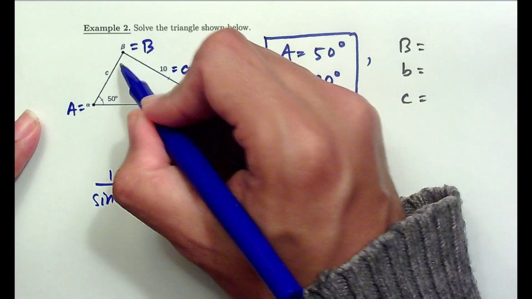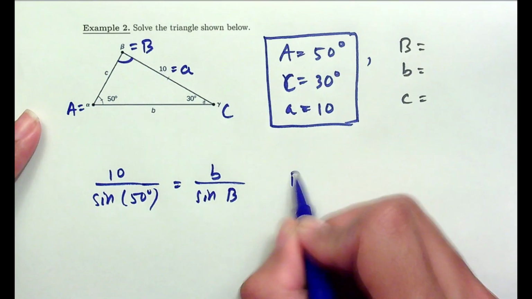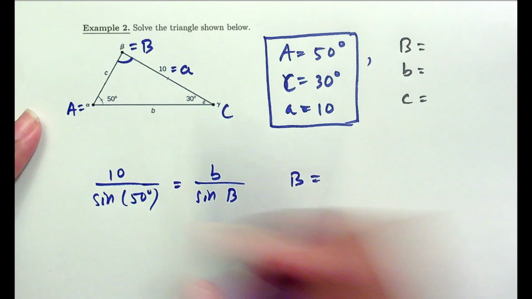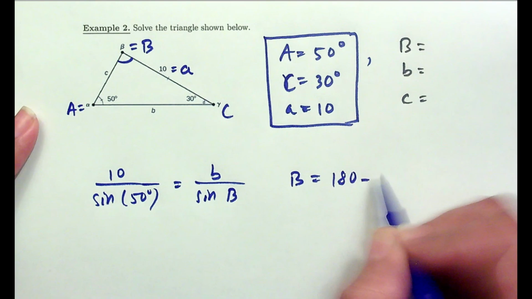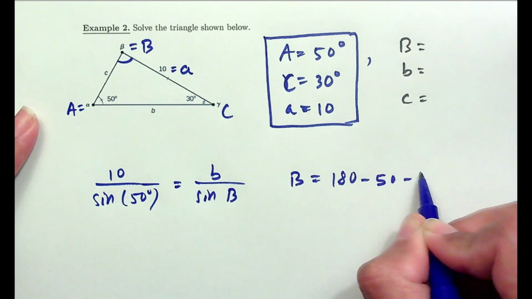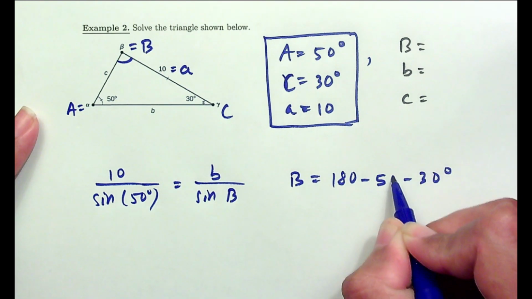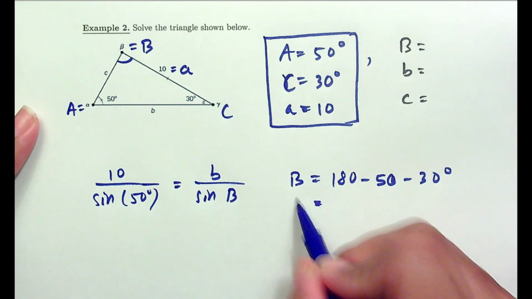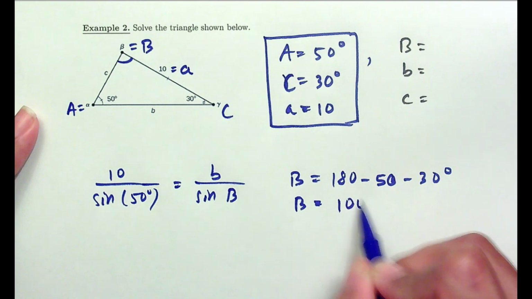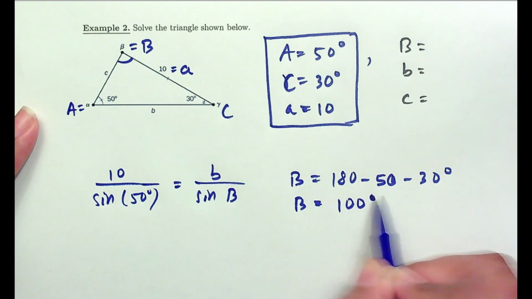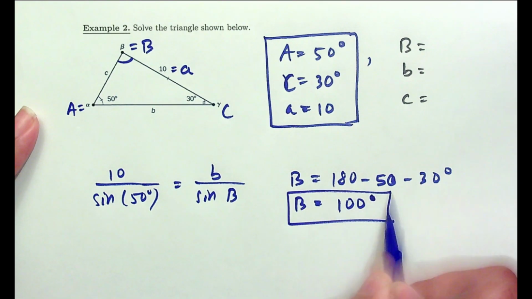So what is capital B? That would be 180 minus 50 minus 30. So what is that? This is 100. Okay, so capital B is 100.